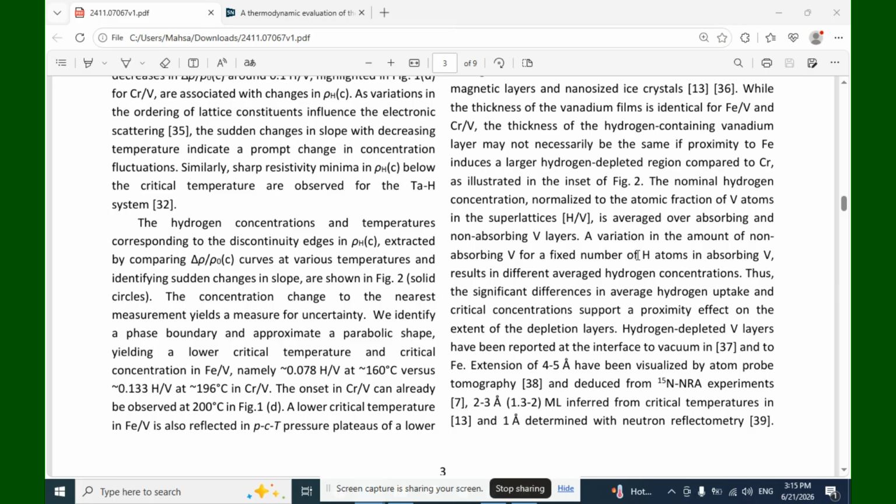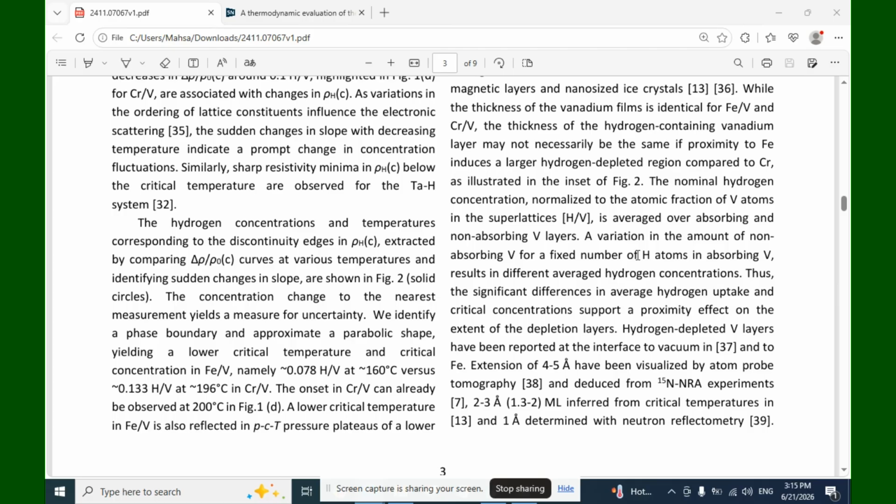Hydrogen-depleted V layers have been reported at the interface to vacuum and to Fe. Extensions of between 4 and 5 monolayers have been visualized by atom probe tomography and deduced from NRR experiments.